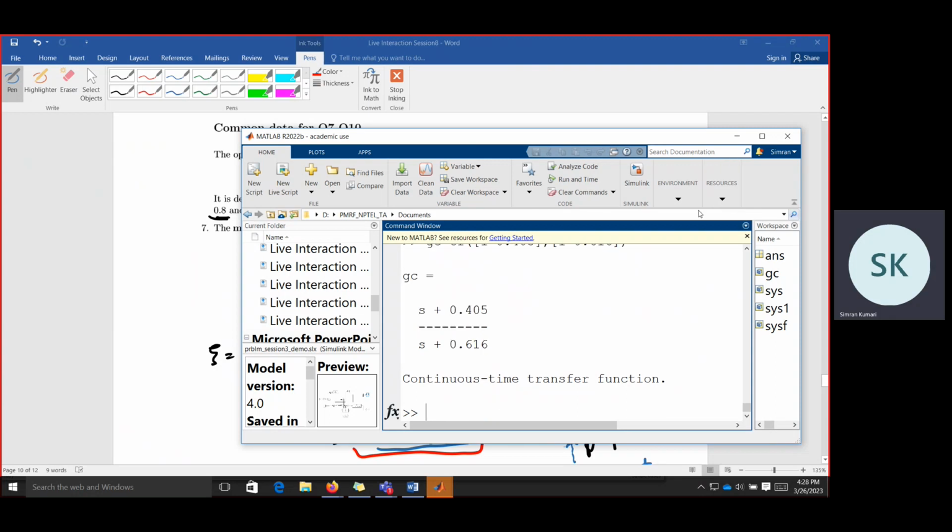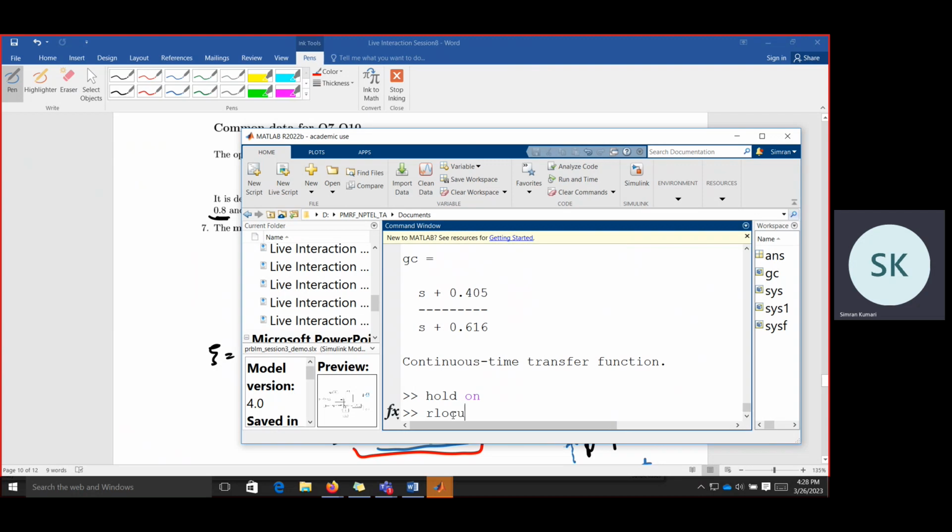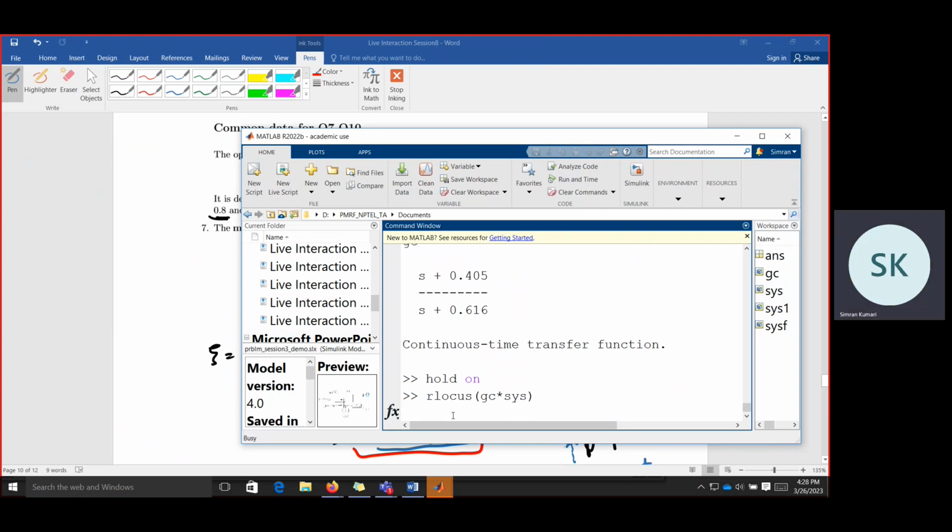This is Gc. And what is the root locus for this improved system? So we'll just hold on, rlocus of this Gc multiplied by the system.